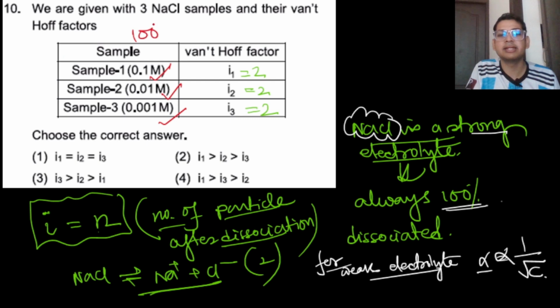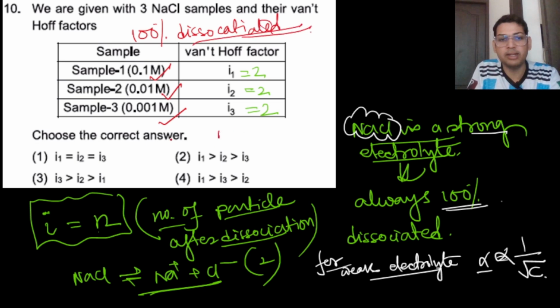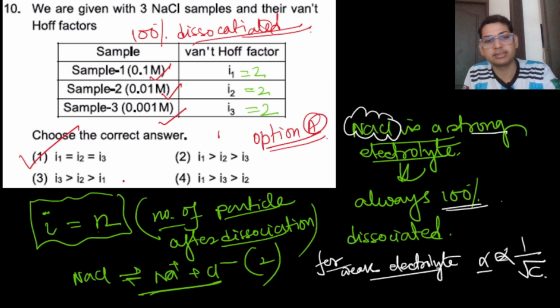All the time it is 100% dissociated. So i1 equals i2 equals i3. That means option number A, option number 1, is my correct answer.